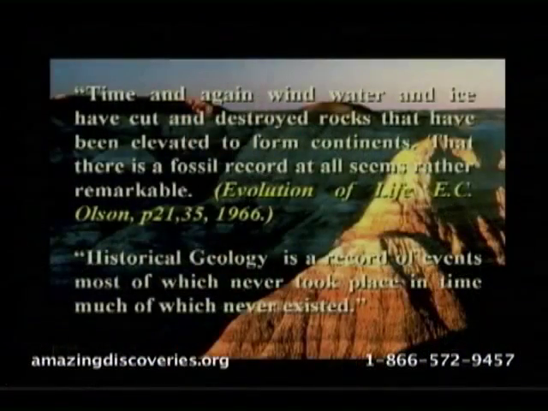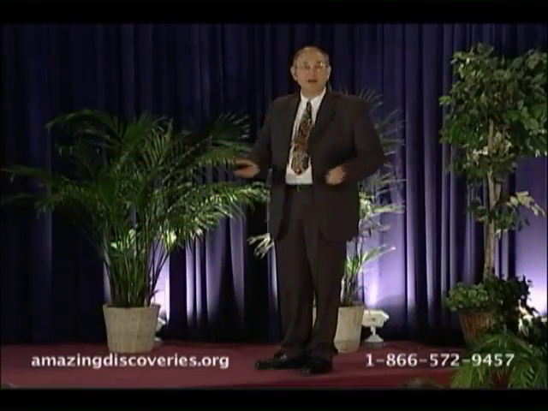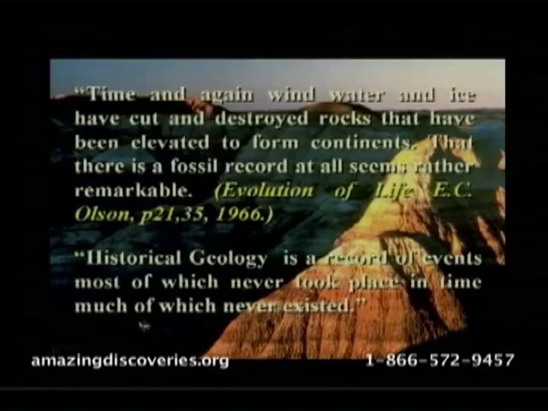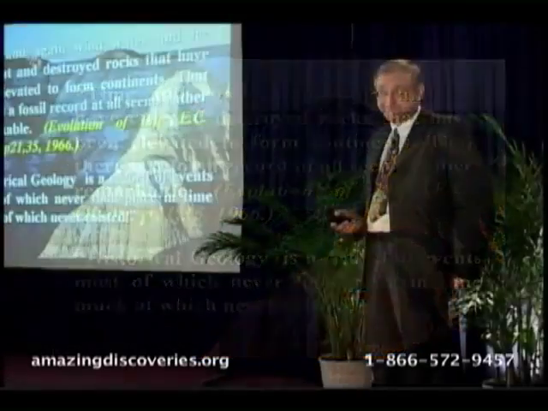But no, we have the whole record there. So that cannot be. So somewhere there's a flaw in the story. How can we still have a fossil record when it's been eradicated over and over again by a process called erosion over millions and millions of years? And so some scientists have this tongue-in-cheek statement: historical geology is a record of events, most of which never took place in time, much of which never existed.